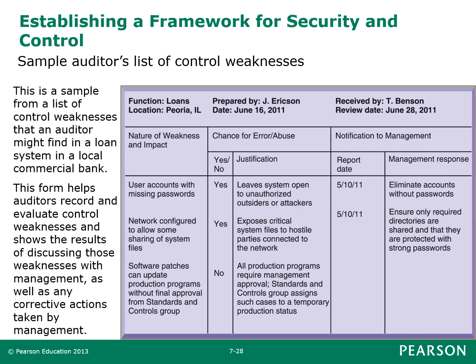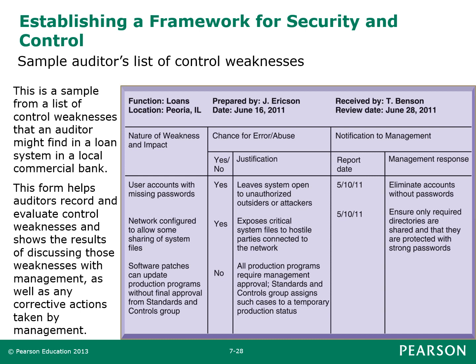For example, the first risk is user accounts with missing passwords. To describe what it means, we see in the second column the probability. It is already defined here, yes or no, it could happen, yes, and justification why it could happen.